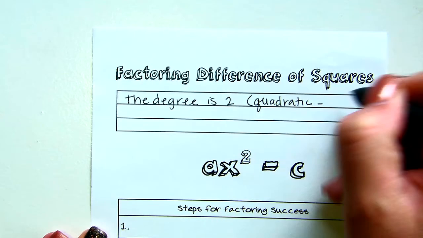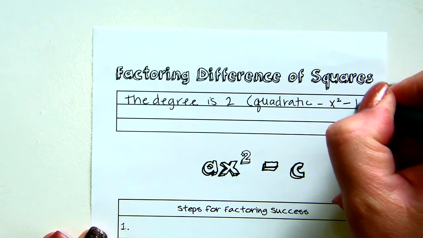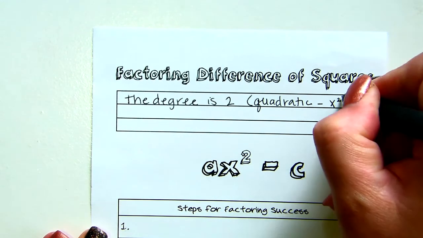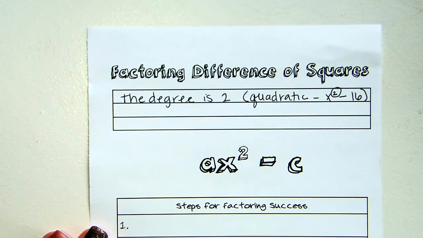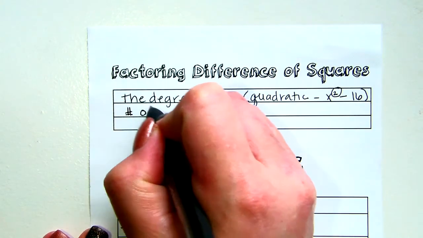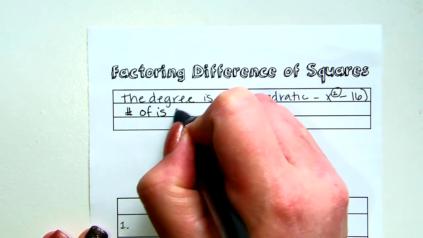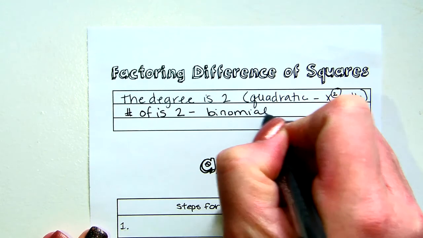In other words, we have x squared minus 16. We need this squared here. Now, the next piece is that our number of terms is also 2. This is a binomial type problem.